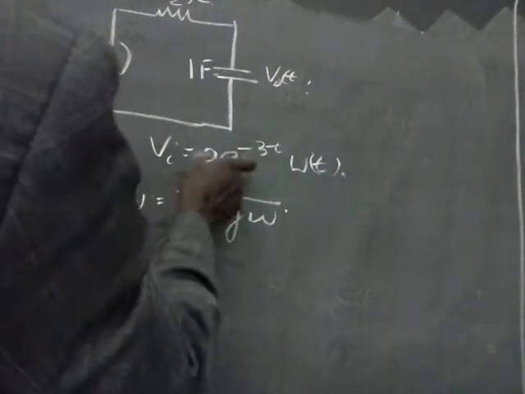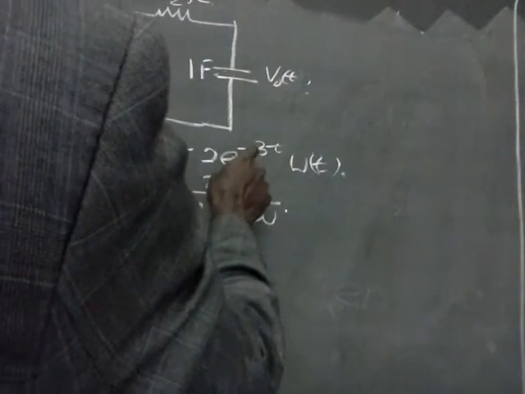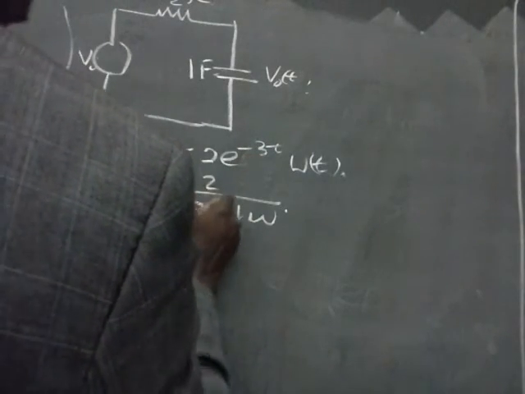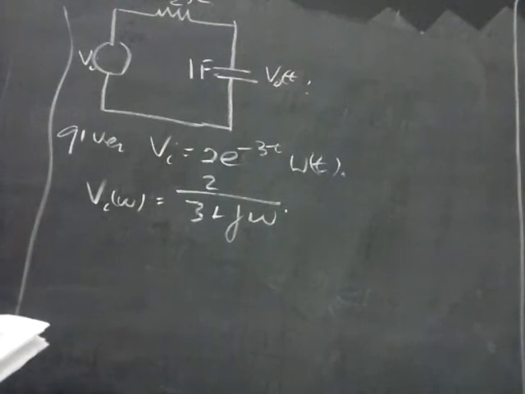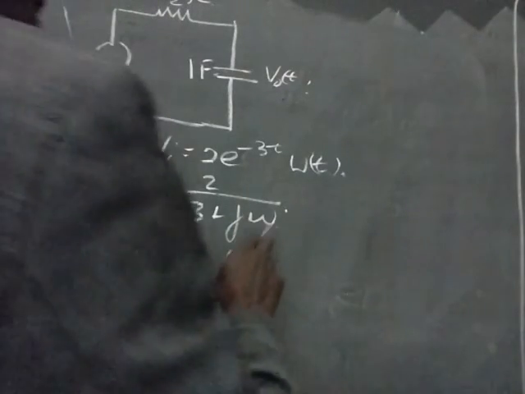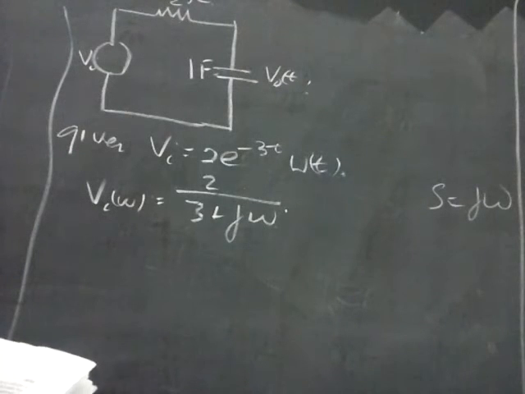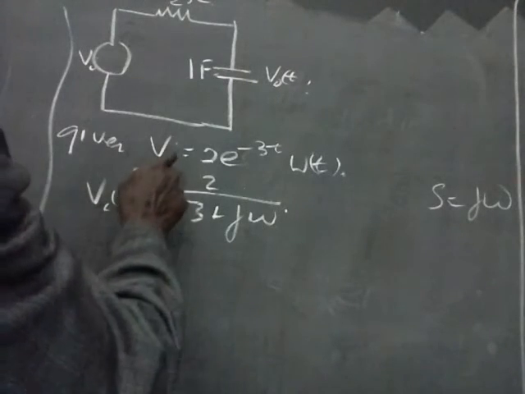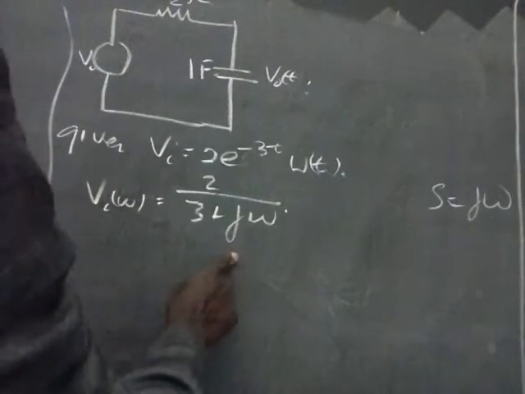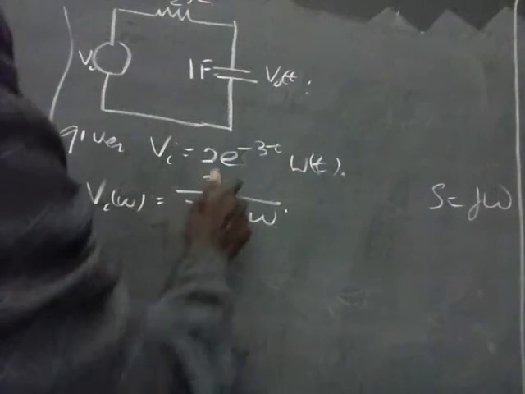This is simply putting this in the frequency domain, the 2 and the 3 and j omega. Usually we substitute s for j omega to make the problem simpler, s equals j omega, and then we convert back to s or j omega at the finish of the problem. So here we transform this input from the time domain into the frequency domain, and we get 2 over 3 plus j omega.